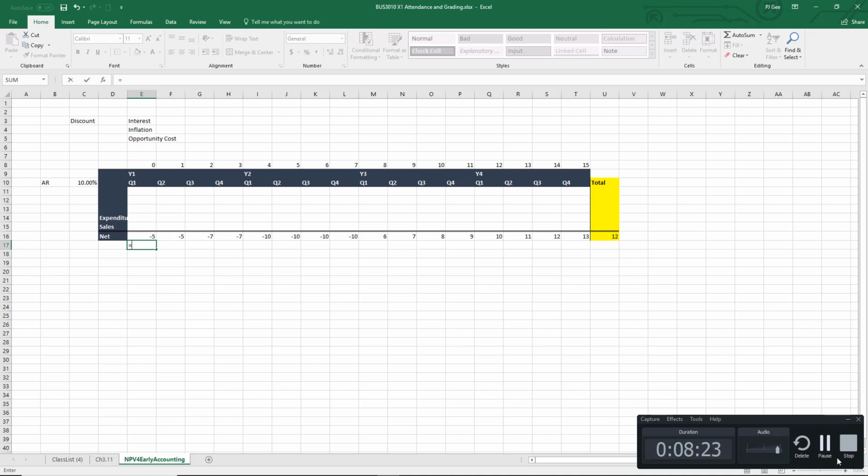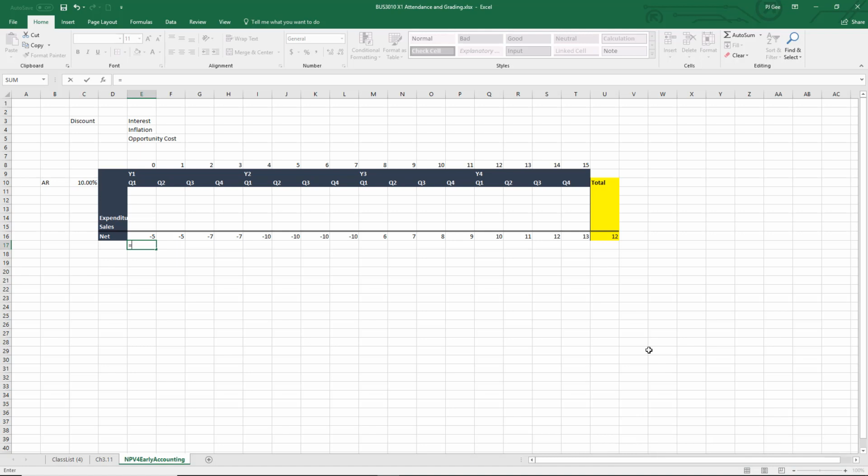Let's start our formulas here. Okay, so we're going to take the cash flow from the period. And then we divide it by 1 plus the rate. So let's get ourselves some parentheses here.